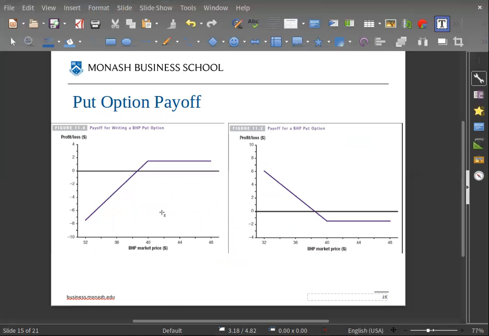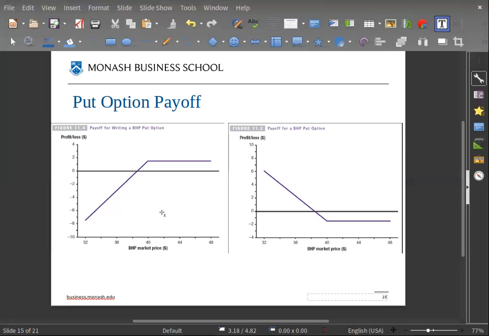Technically, prices do not go to zero, maybe 1 cent or 2 cents, because at zero you're basically giving away your share for free, so there's no reason anyone would buy or sell. But anyway, the profit potential is capped at the point where the share price goes down to $0. On the flip side, when prices go above 40, our loss is capped at those $2, because we will not be exercising. We have no incentive to sell at a lower price than the market.